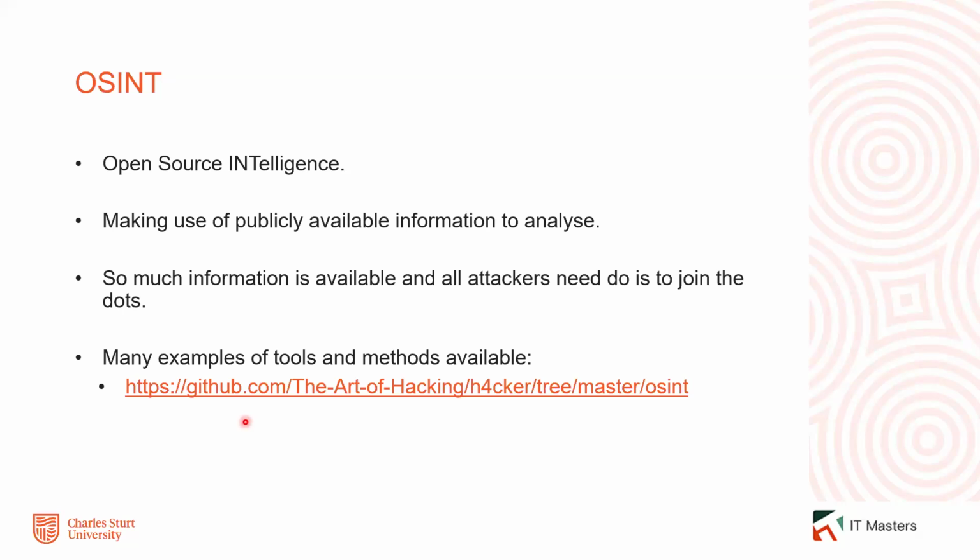And it's basically making use of publicly available information to analyze prospective targets, to see how easy they are to get to, and then to scan them, determine what vulnerabilities are there, if any, there always is, and then to try and determine how those vulnerabilities can be exploited. There is so much information available, and really all attackers need to do is join the dots.